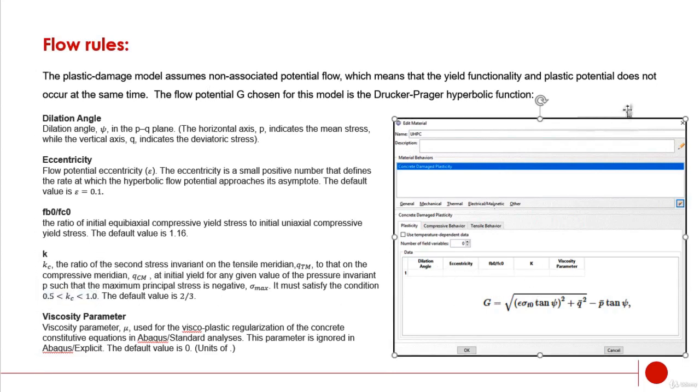In most of the work that I've checked, this value is 0.667. And also the viscosity parameter, which you only need to provide when you use a static solver. You don't need this value for the explicit one, and normally we consider a very small value.